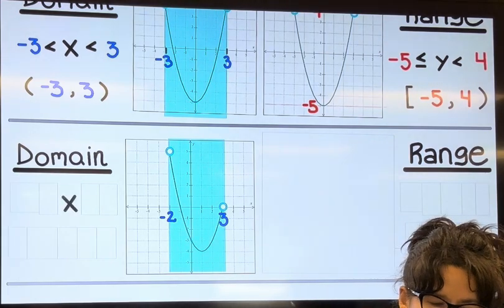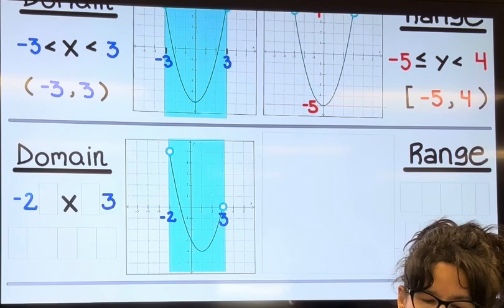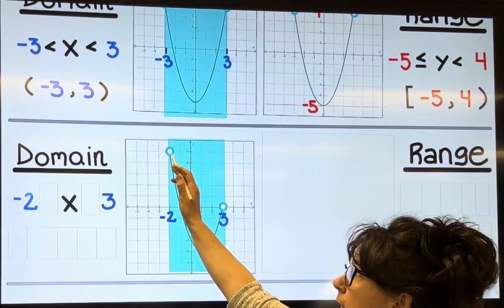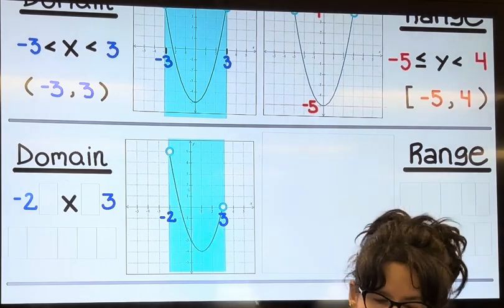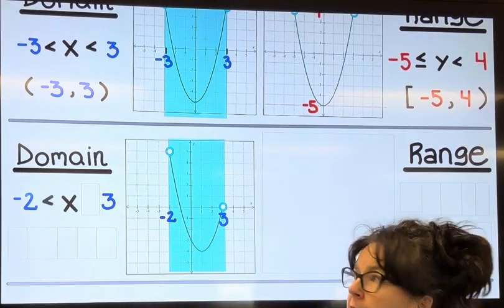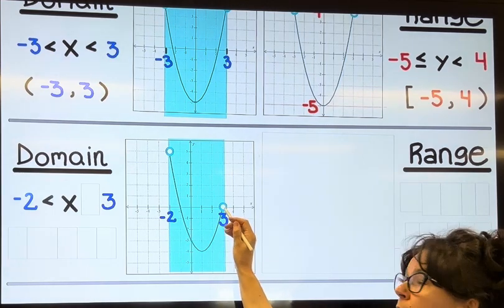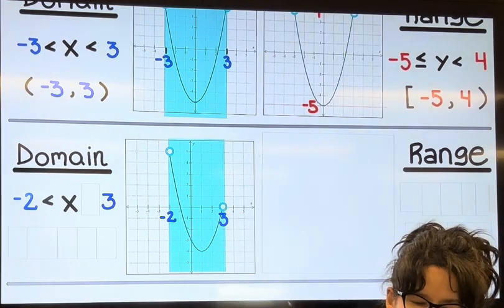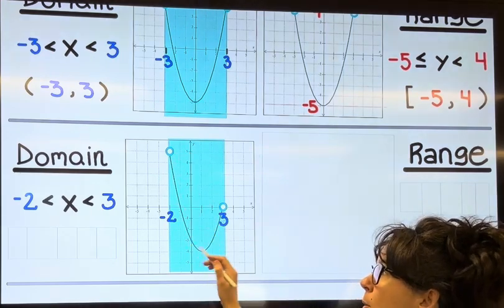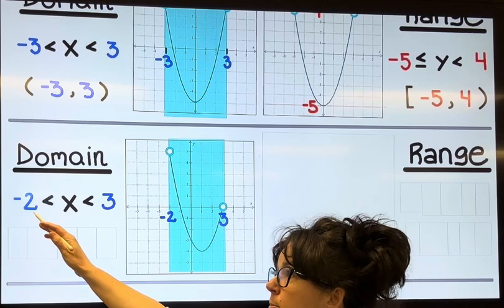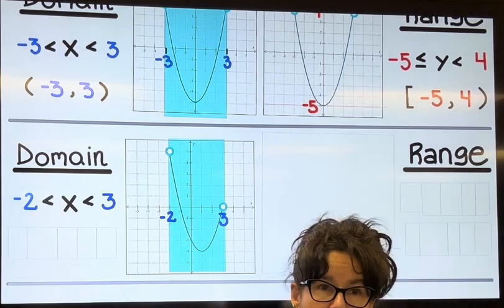So my x's go from -2 through 3. When we're back a distance of -2, we're not on the graph, so plain less than. When I get to the right 3, I'm not on the graph, open dot, so I'm going to stay under 3. So all the points on this section have x coordinates between -2 and 3.